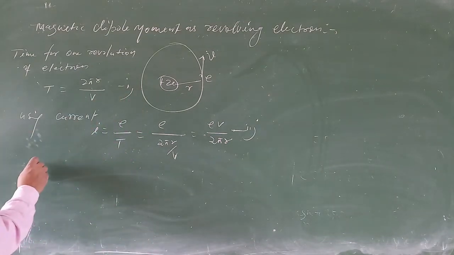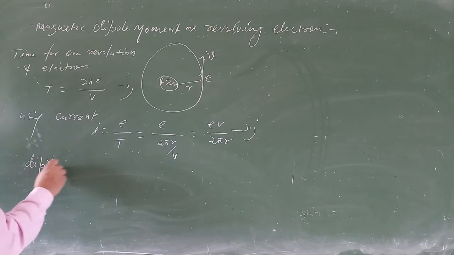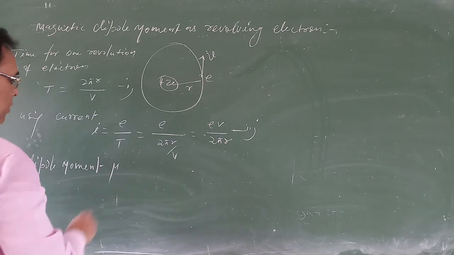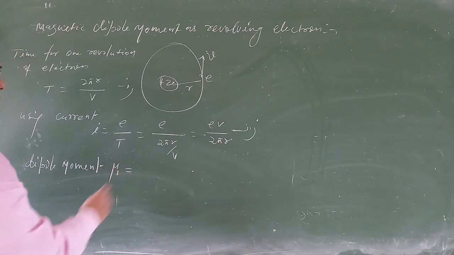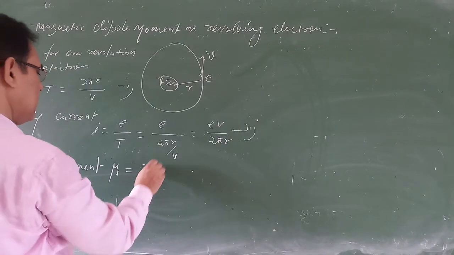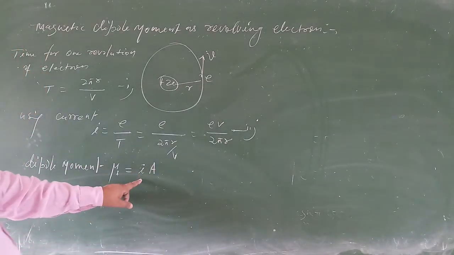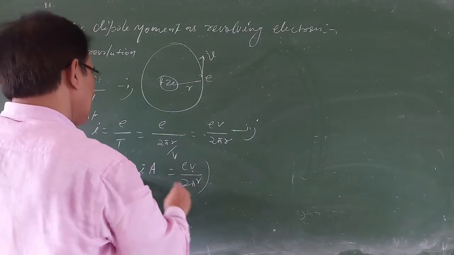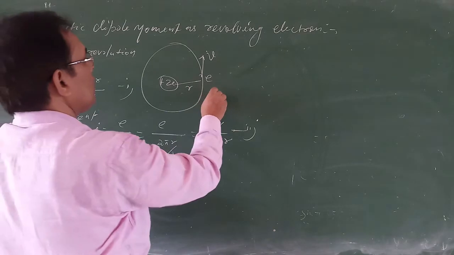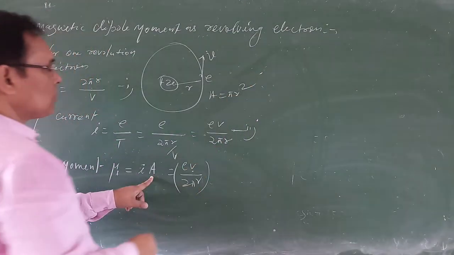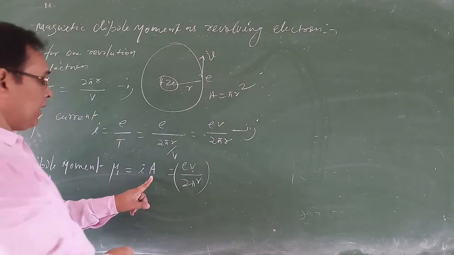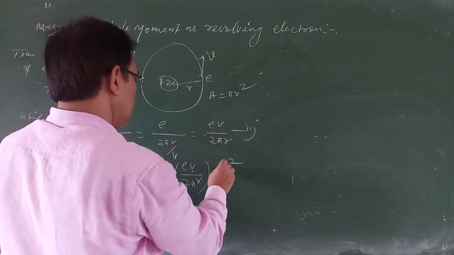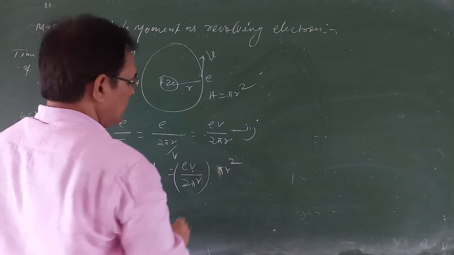Now you know the dipole moment formula, so use the dipole moment. Dipole moment here is represented by mu L. Dipole moment is current into area. The current is ev by 2 pi r, and A is the area of the circular orbit, pi r square.